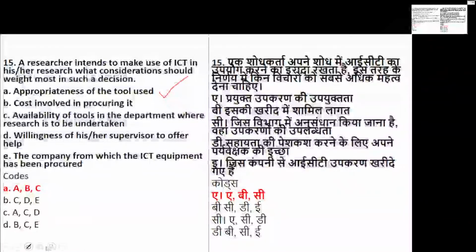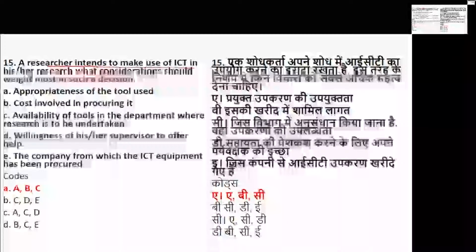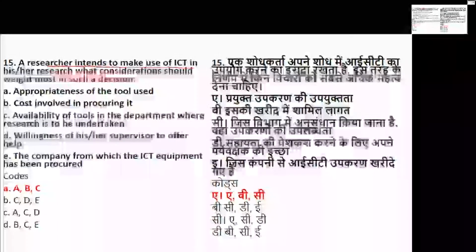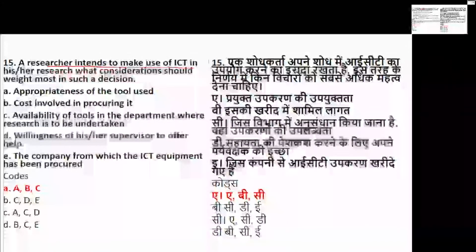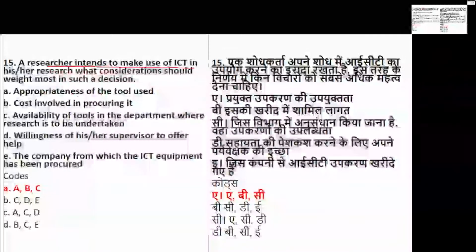See, the question is, okay, I'll just repeat it. A researcher is intending to make use of an ICT tool, that is information and communication technology. So what factors will he consider from the given options? In such a case, appropriateness of the tool is important.